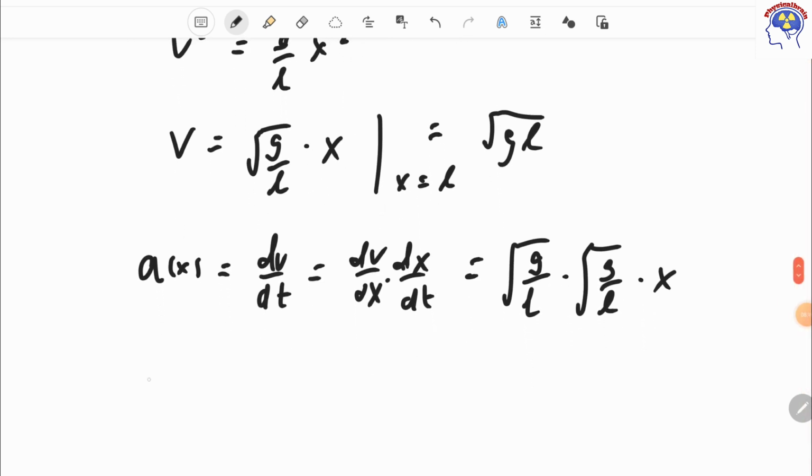So a of x equals L, again giving us g/L times L, which is g.